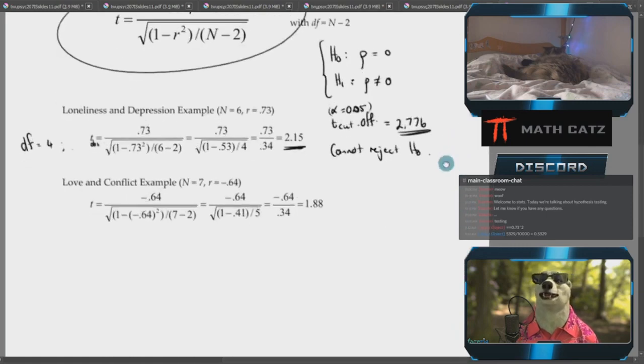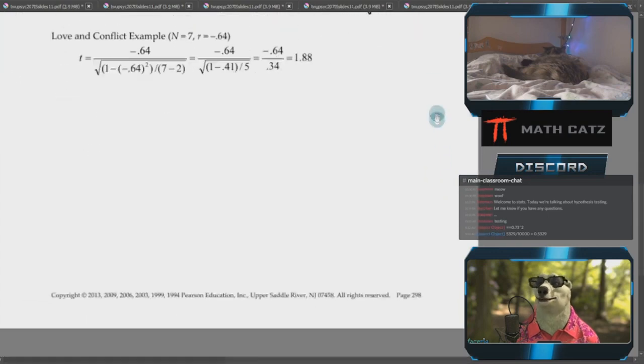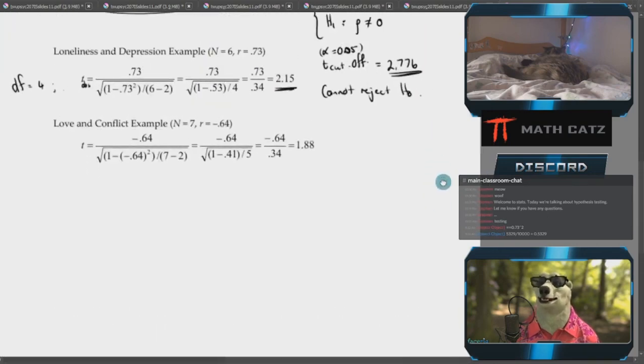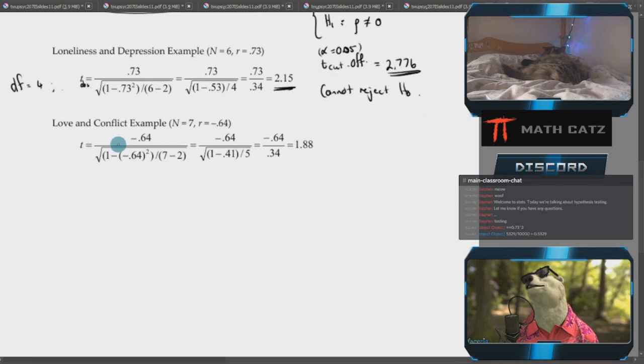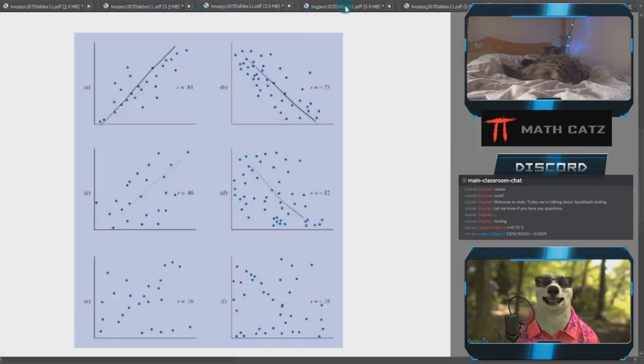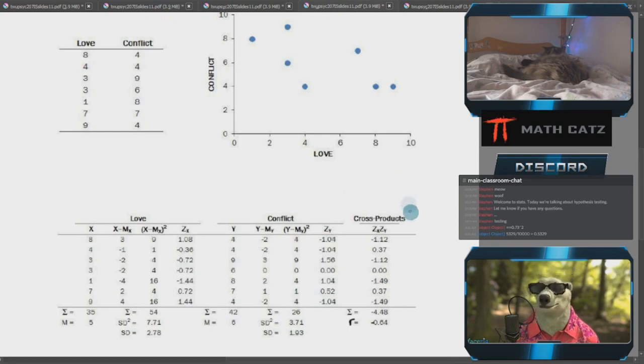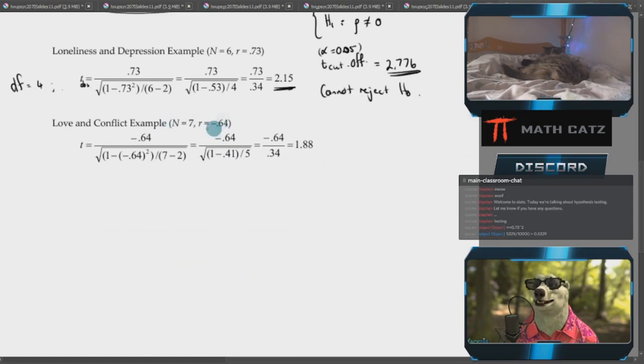Let's do another one. Love and conflict. We did that over here, right? No, over here. Yes. And we found we had 7 people, correlation coefficient of negative 0.64. 7 people, so our degrees of freedom will be 5.